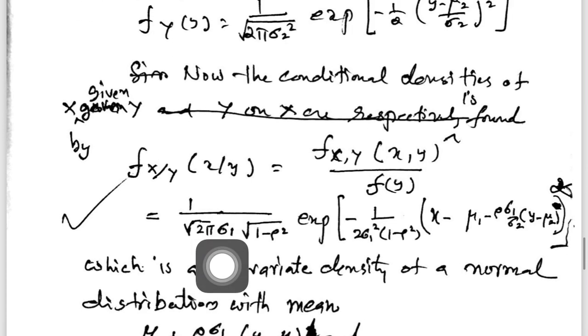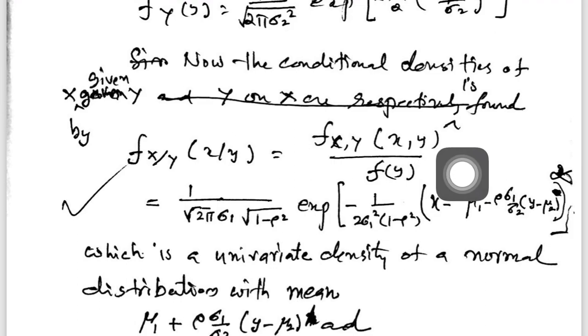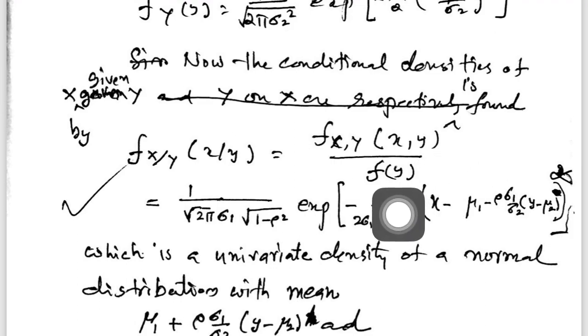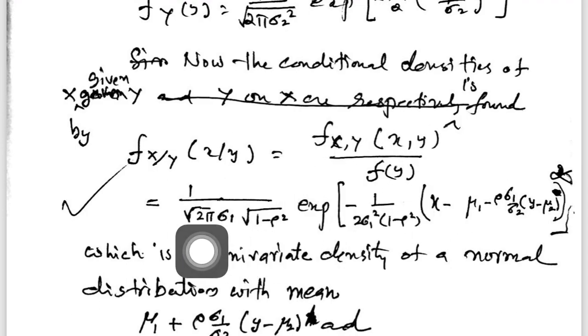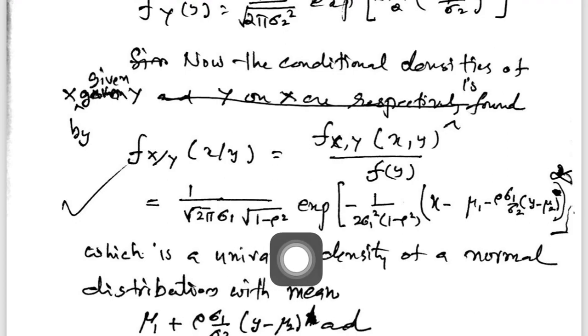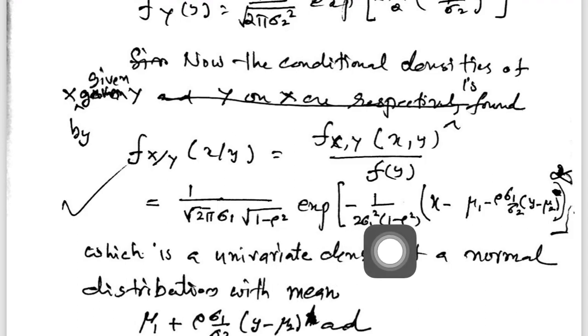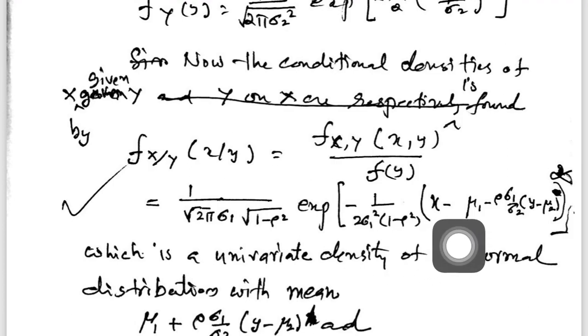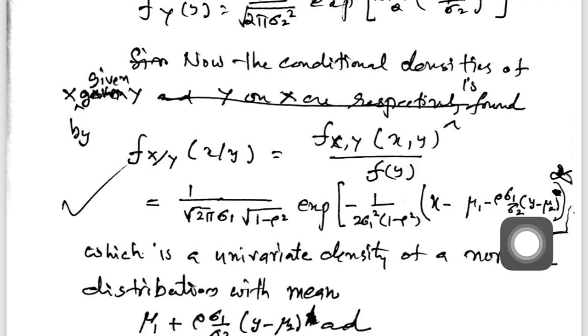Now you can see that by taking the joint density in the numerator and the marginal density in the denominator, you can simplify this ratio into 1 by root 2 pi into sigma 1 root of 1 minus rho square into e to the power of minus 1 by 2 sigma 1 square (1 minus rho square) into (x minus mu 1 minus rho into sigma 1 by sigma 2 into (y minus mu 2)) the whole square.